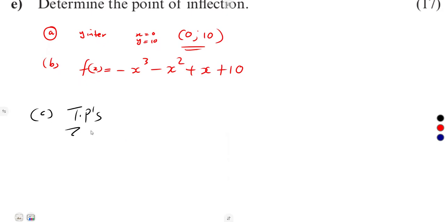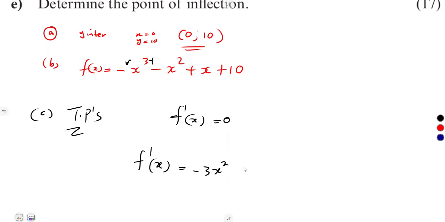For the turning points, we are going to consider the first derivative to be equal to 0. First derivative with respect to x is equal to what? Drop the exponent. Remember, concept of the first derivative, you drop the exponent, subtract 1. So if we drop the exponent, that's 3 times negative 1, negative 3x squared.